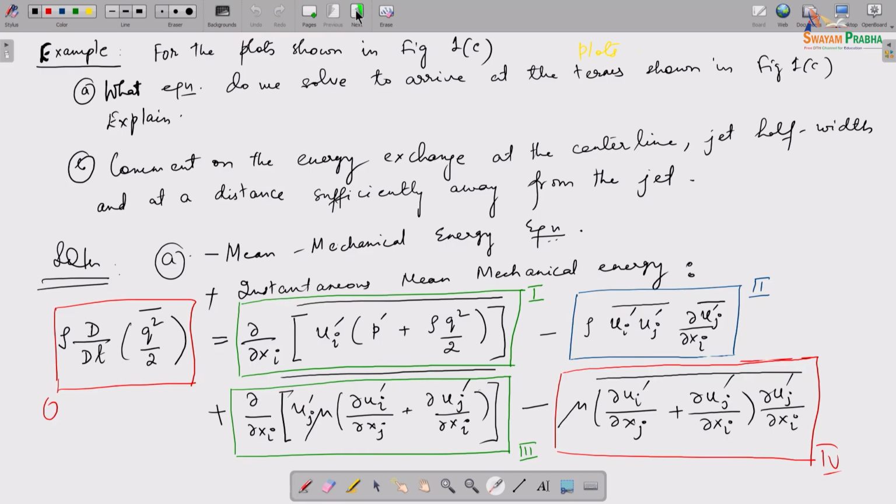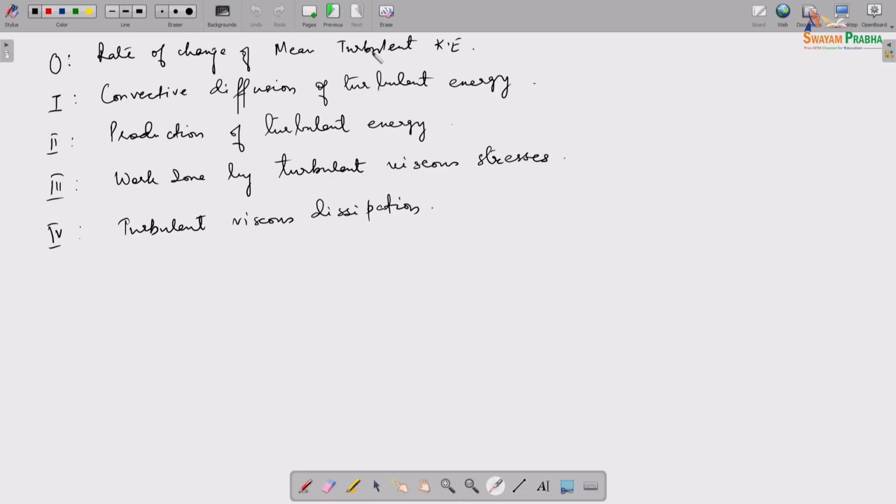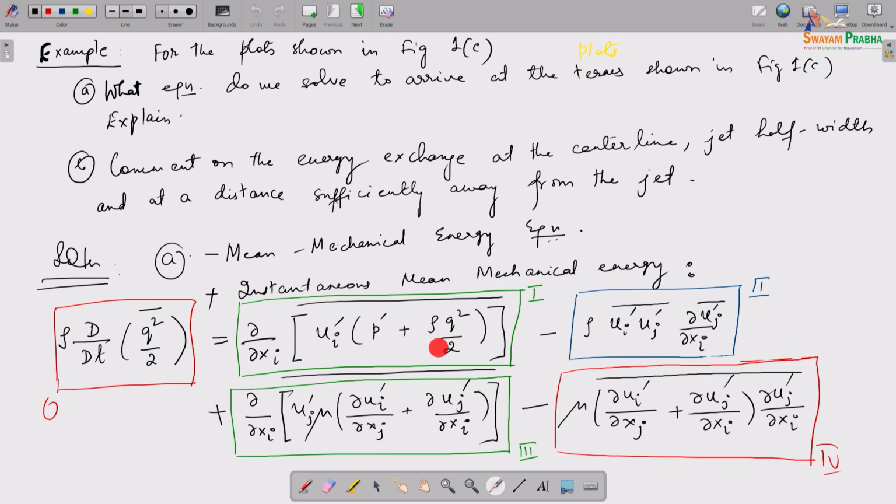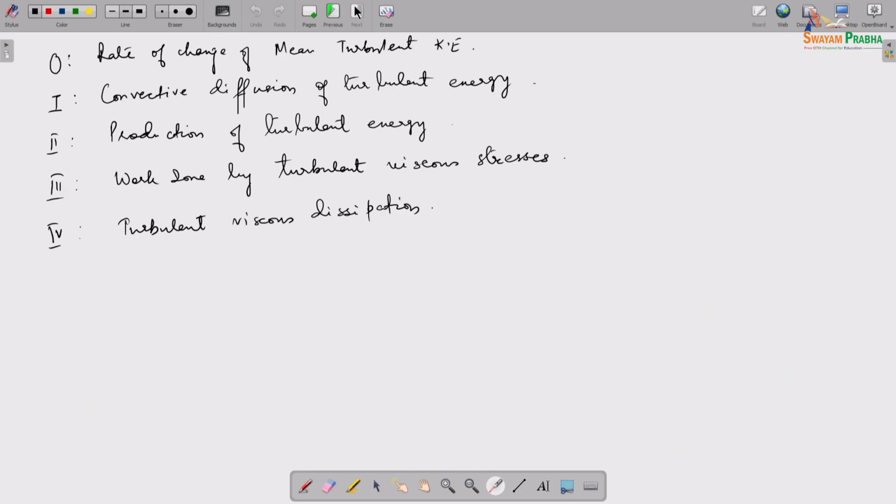So the equation that we solve is essentially this. The left-hand side is the rate of change of mean turbulent KE. The first term is convective diffusion of turbulent energy.